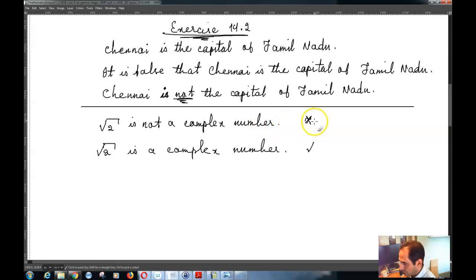So what it means is that when you have a statement that is false, the negation of that statement is true. Okay, so that is that.